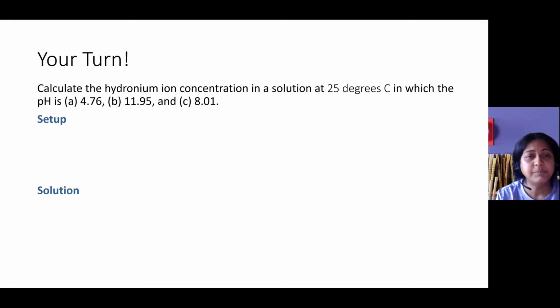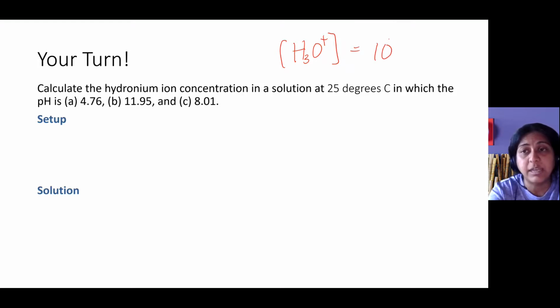Another practice problem. Calculate the hydronium ion concentration in a solution at 25 degrees Celsius in which the pH is given. Now we are given the pH and we are asked to find the H3O+ concentration. What is the equation? Yes, H3O+ concentration equals 10 to the negative pH.